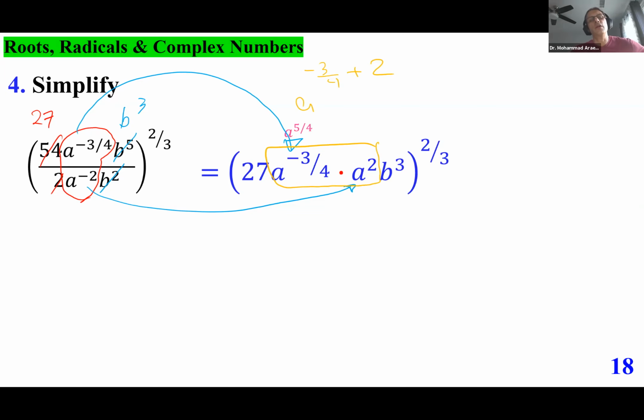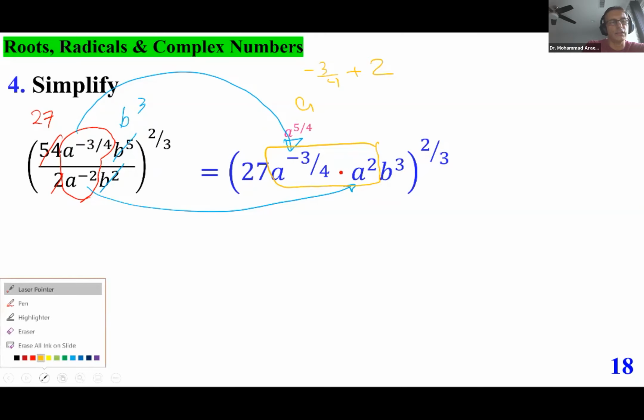Now let's write each one to the power of 2/3. So 27 to the power of 2/3. This one to the power of 2/3, that means multiply these two, which is 10/12. And when you raise b cubed to the power of 2/3, you get b squared.